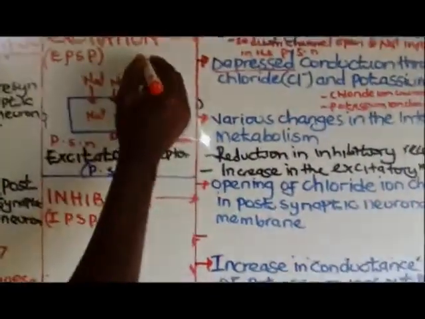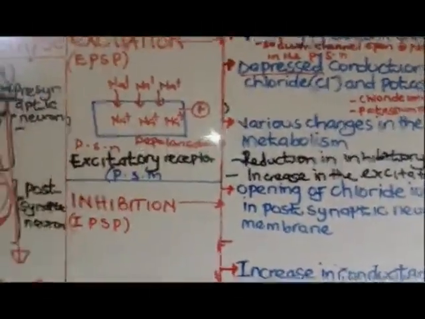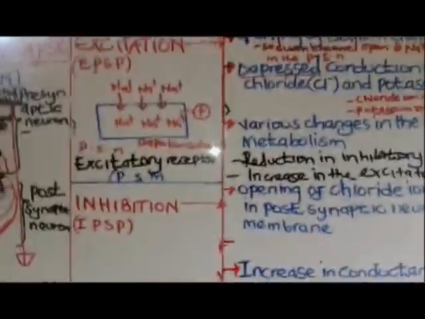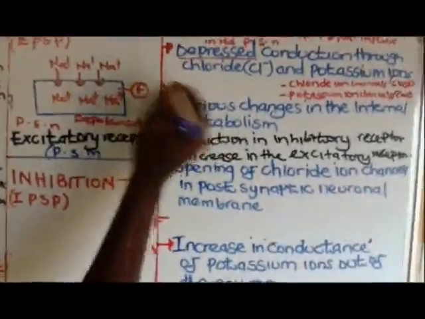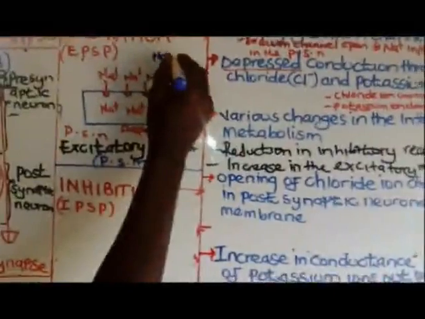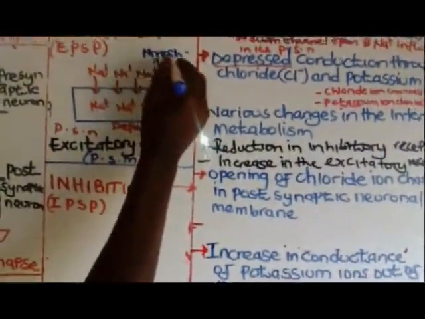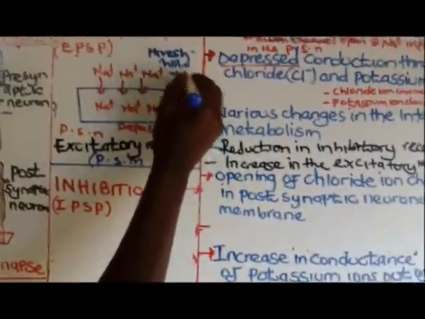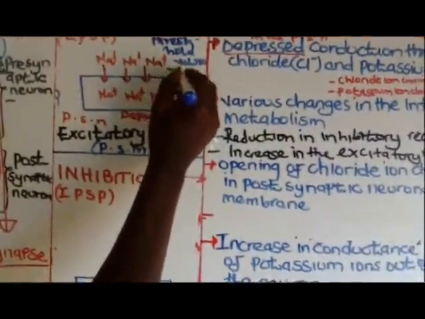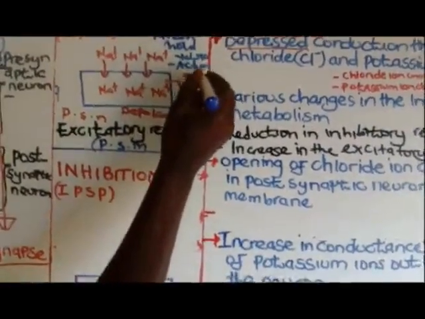Depolarization takes place. Once depolarization has taken place, and it can reach threshold value, take note of the threshold value. If excitation is big enough to reach what we call the threshold, remember we talked about what we call threshold value, this implies now we are going to generate what we call an action potential.